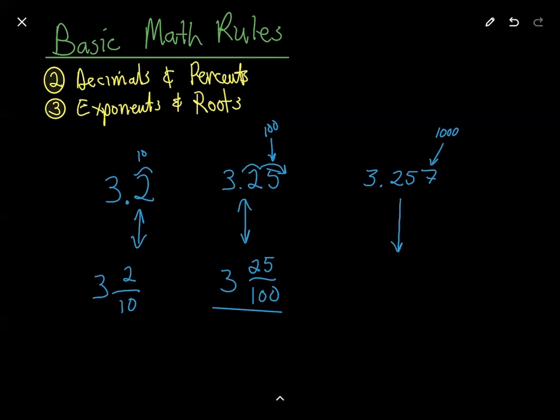So if I write that in fractional form, it ends up looking like 3 257 all over 1,000. Okay, kind of see how that works. So it's not particularly complicated, but it's important to know that you can go back and forth between decimals and fractions. And this is an important concept that you'll use a lot in psychometrics.